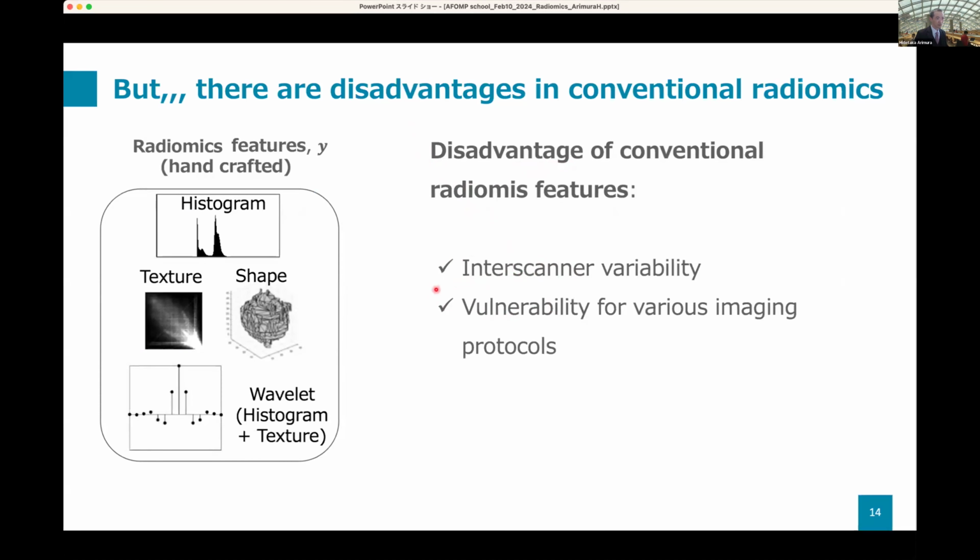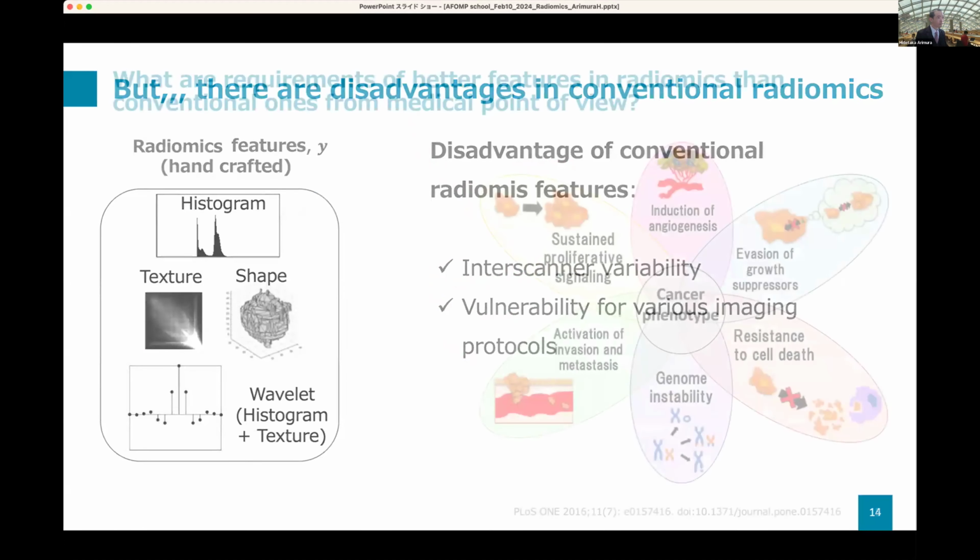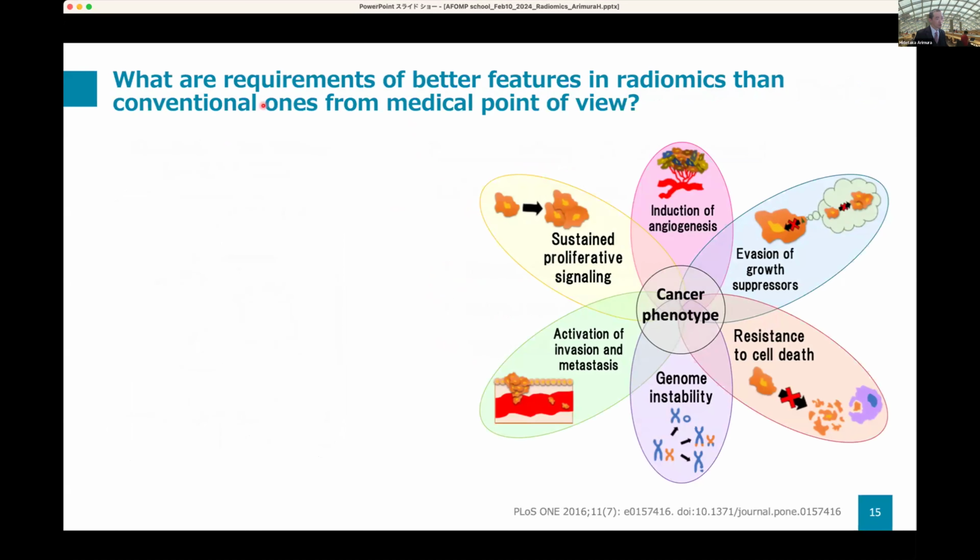So we have these problems. So we consider the two requirements of better features in radiomics than conventional ones.